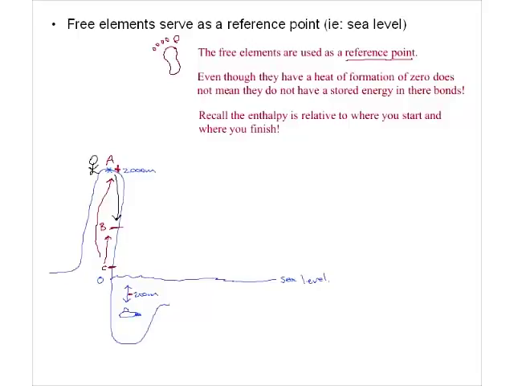He's going to go from A to B, and sometimes he might want to go from A to C. Now, he knows he's got to get back up to A. It's easier to go from B to A than it is to go from C to A. In order to climb from C to A, he has to put in a tremendous amount of energy to get back up.